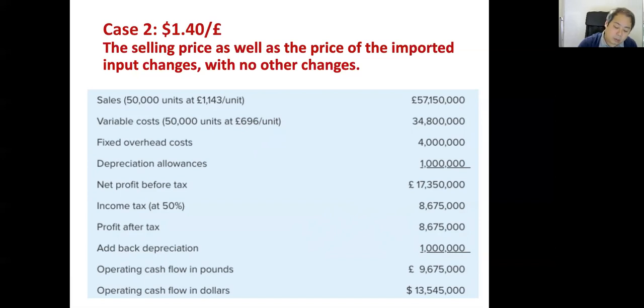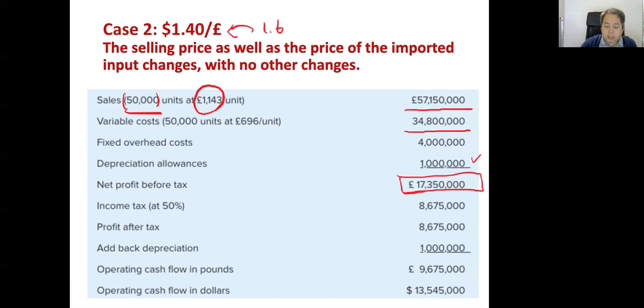So the pound also depreciates from 160 to 140. Now they increase the price too, and say that even though they increase the price, they have the same sales numbers. Then what happens is they have more money coming in because they increase the price, but they also have higher variable costs and fixed costs and depreciation.